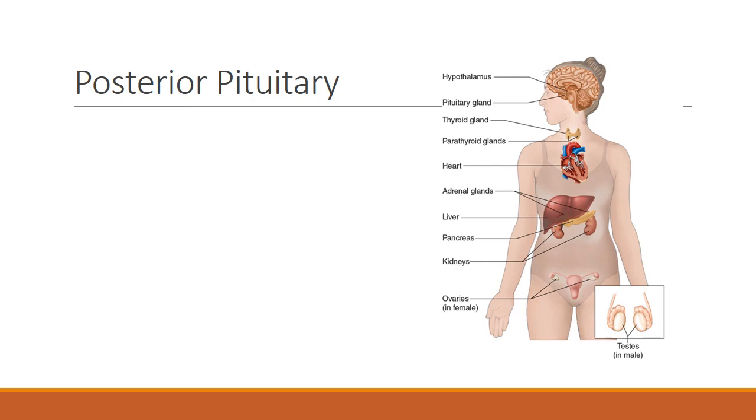Okay, now looking at the posterior pituitary. We're going to look at two hormones in the posterior pituitary. You have antidiuretic hormone, also known as ADH. What antidiuretic hormone does is increase the contraction of smooth muscle and the reabsorption of water by the kidney. Essentially, ADH helps to reabsorb water.